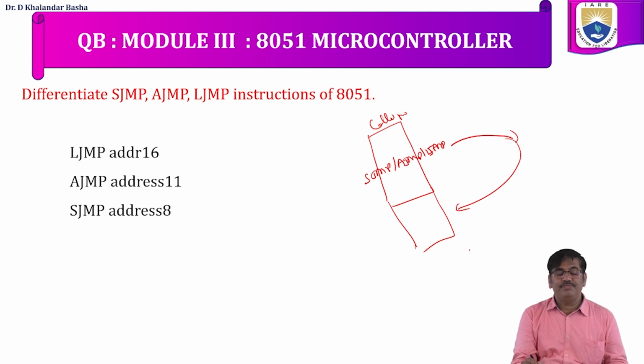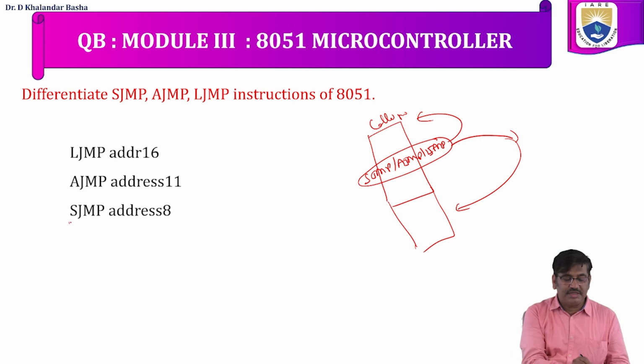SJMP stands for short jump, AJMP stands for absolute jump, LJMP stands for long jump. The difference between these three unconditional jump instructions is how much distance offset we are going to have, how many memory locations of displacement from the current instruction. The jump can be upward or downward.